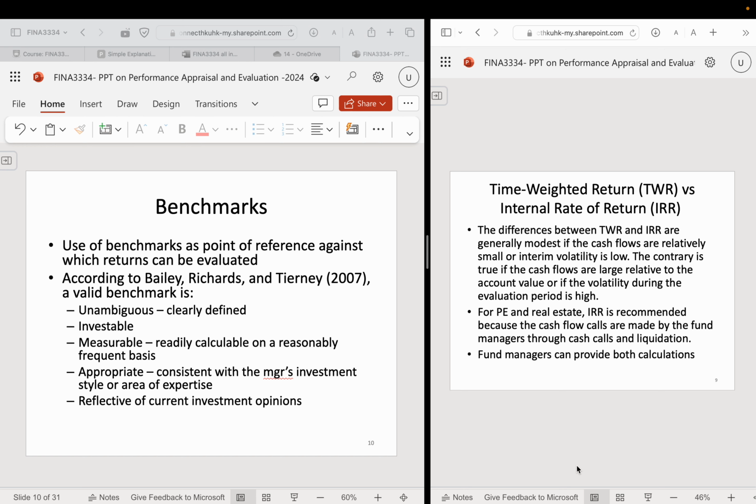What do you think? What are the benchmarks to be used according to this?